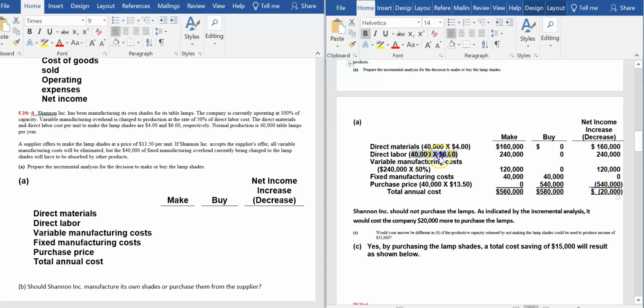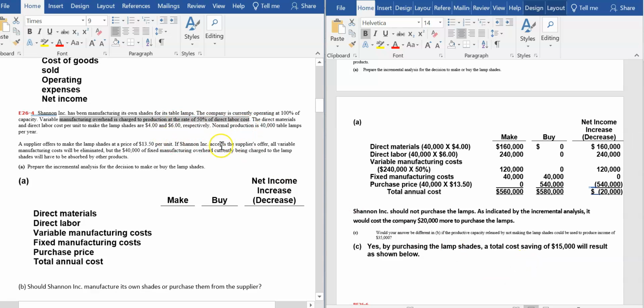Direct labor of $6 per unit, $240,000. In addition to that, the manufacturing overhead is charged at the rate of 50% of direct labor cost. The direct labor costs were $240,000, so the variable manufacturing cost will be 50% of that, or $120,000.